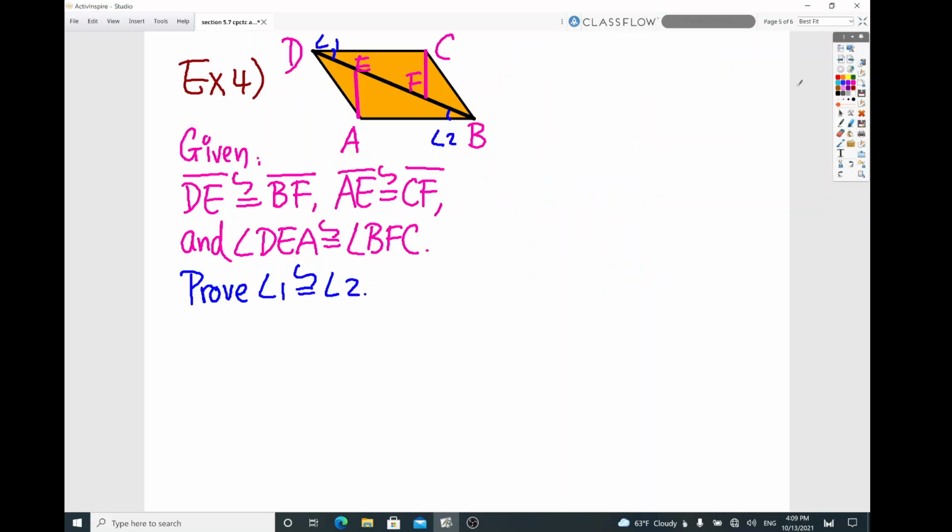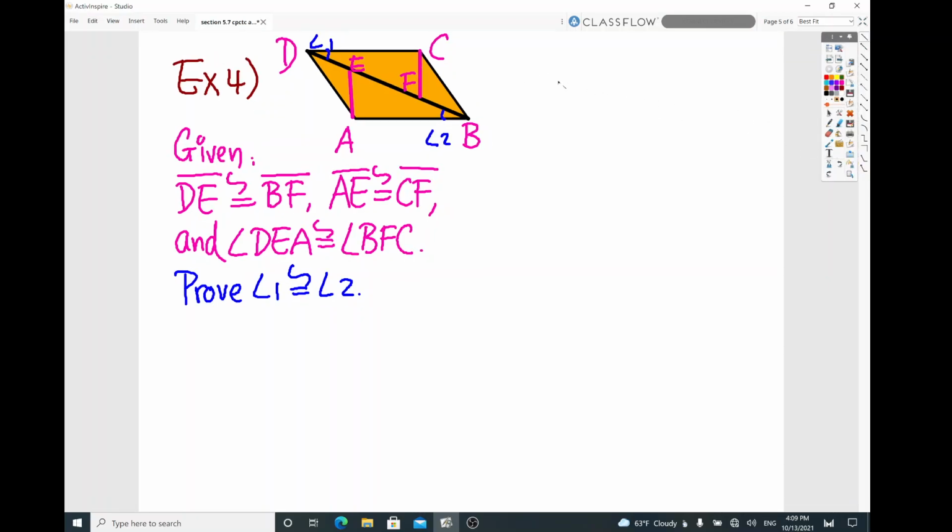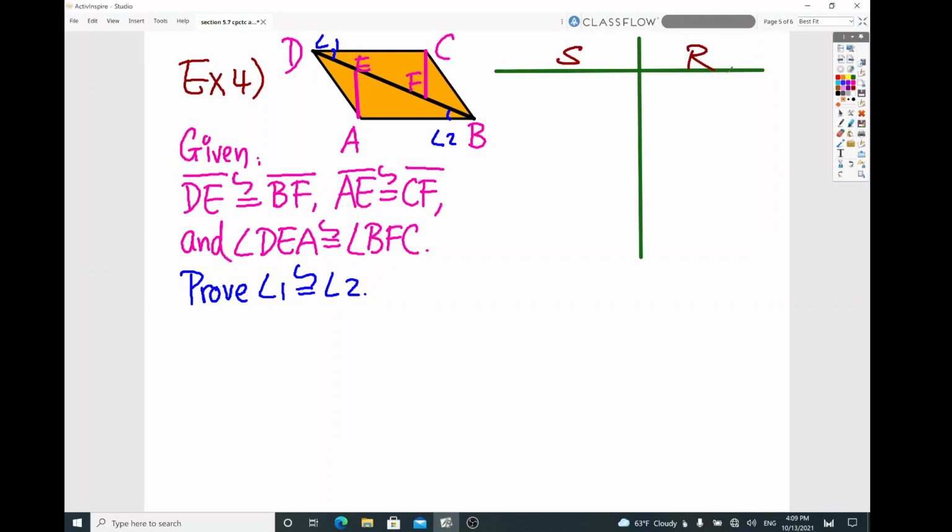Okay, so here's another one for the proof. So statements and reasons, the two columns. Okay, so start off with the statements and then the reasons.